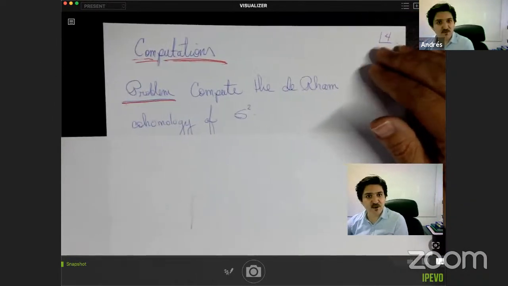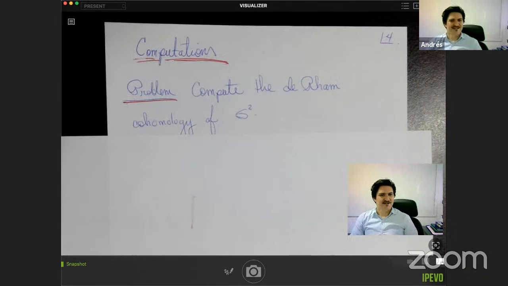So first, let's compute the de Rham cohomology of the sphere. We already computed the de Rham cohomology of S1. And remember, if we go more into the details, how do we compute the cohomology of S1?